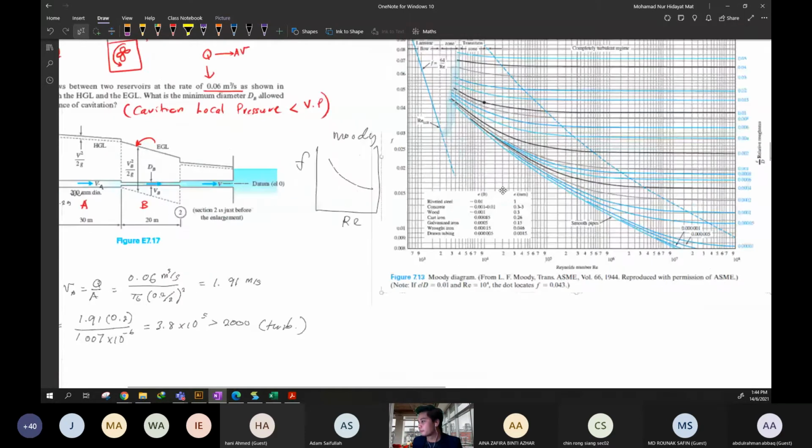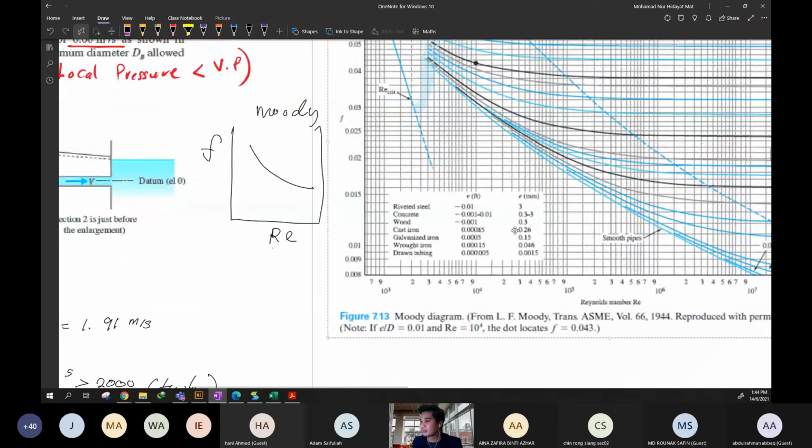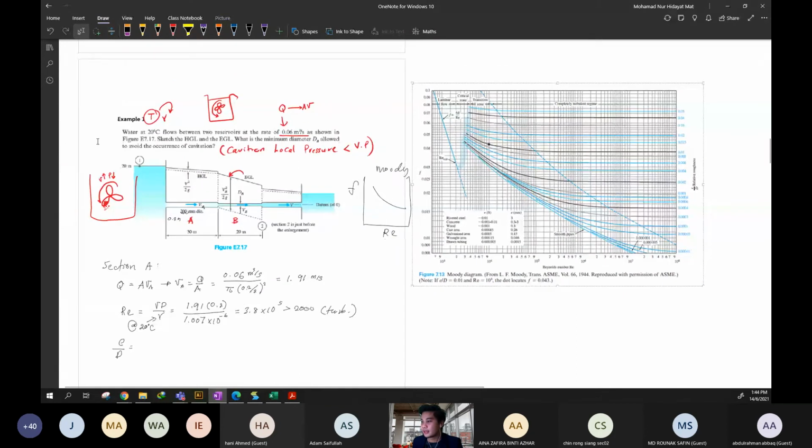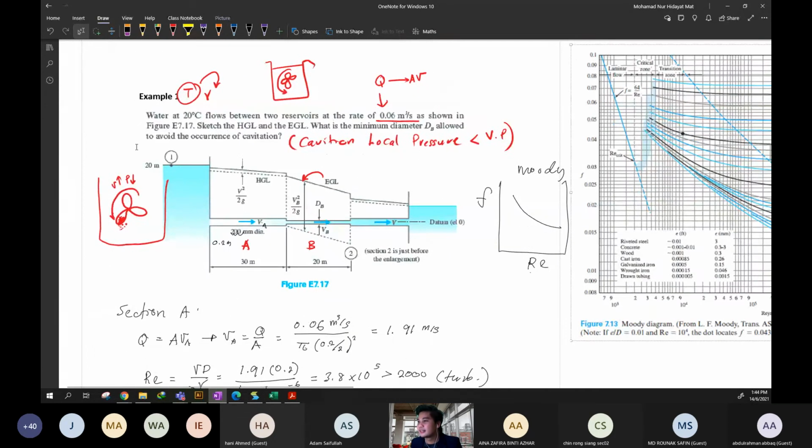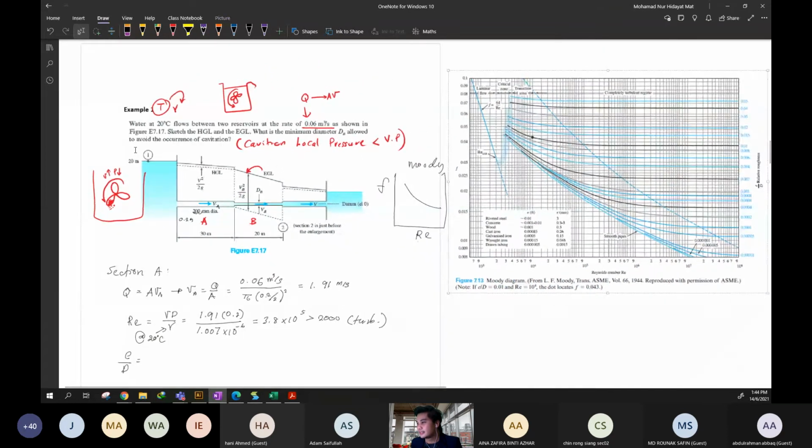I think the question is using... just adding information, the question uses cast iron. Sorry, this question does not give it, so please add that it is using cast iron.